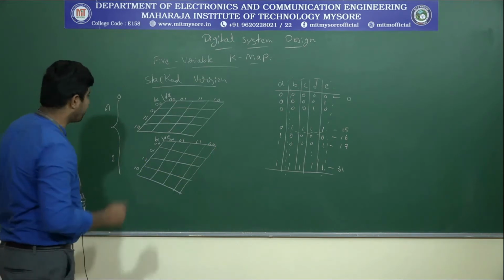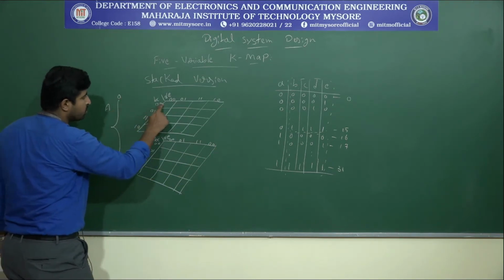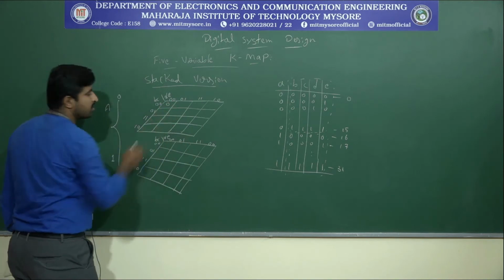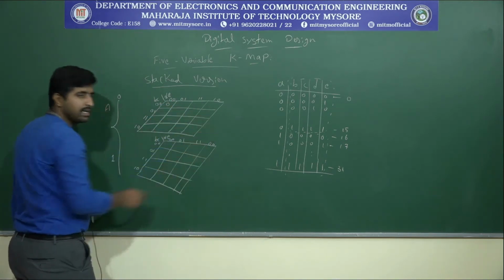So you should make a 5 variable map. That means 0, 0, 0, 0, 0 corresponds to cell 0. We will write the cell numbers actually.